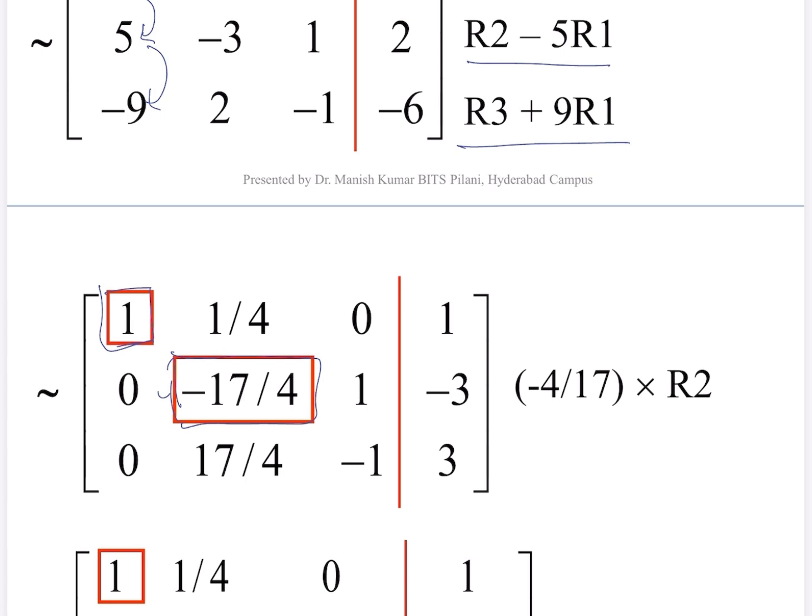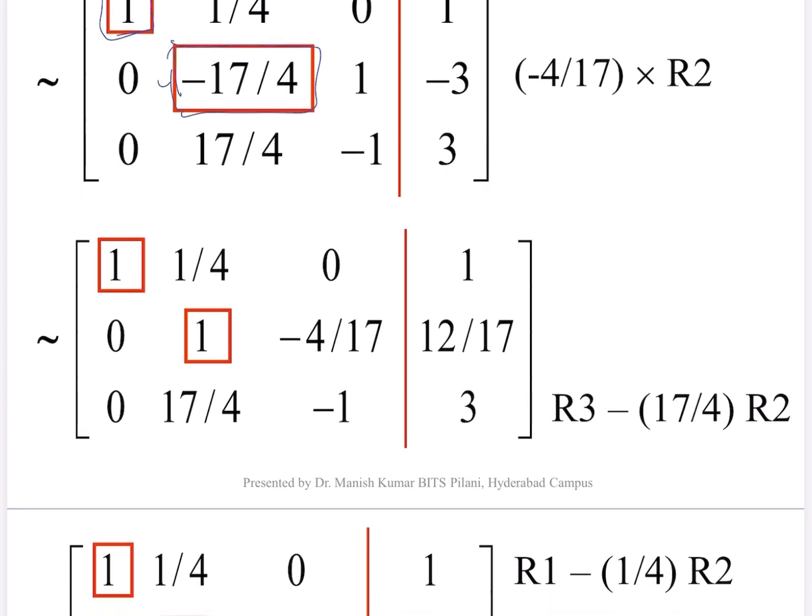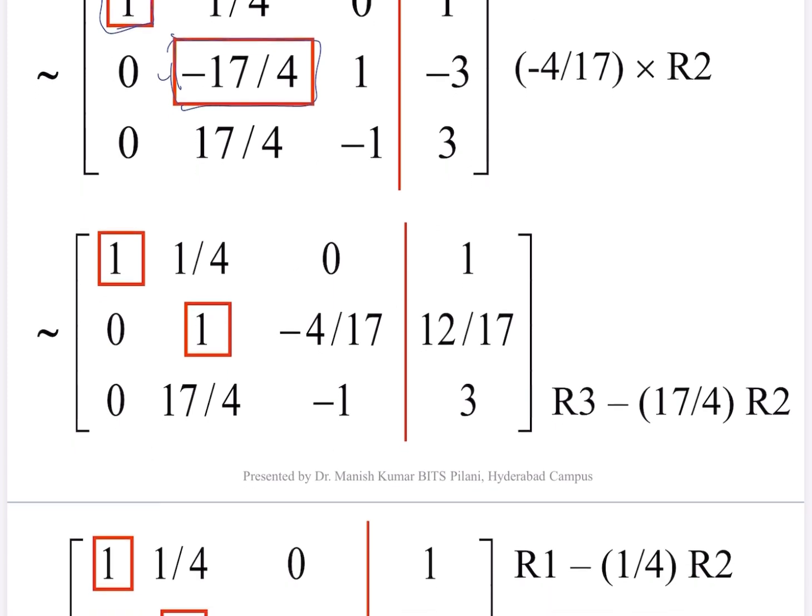So we'll multiply by -4 by 17 so that this coefficient becomes 1, and this is important only in case of Gauss-Jordan. So this becomes 1, and then all the rest of the elements change now, right? And then you make 0 the entry below the pivot. How to make the 0? We apply -17 by 4 into R2 and subtract it from R3, right?